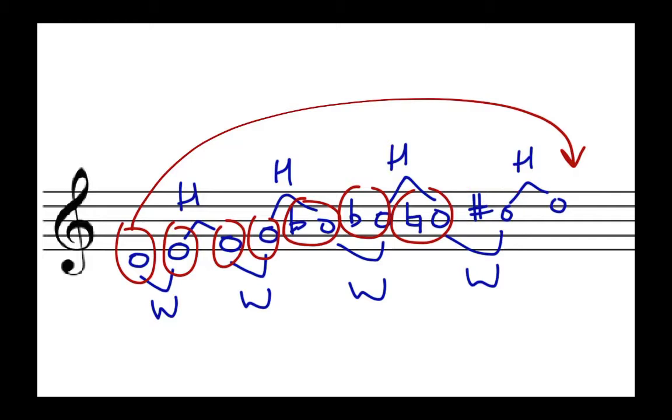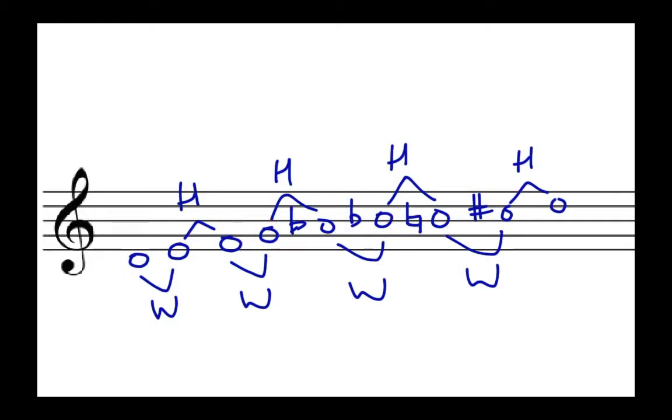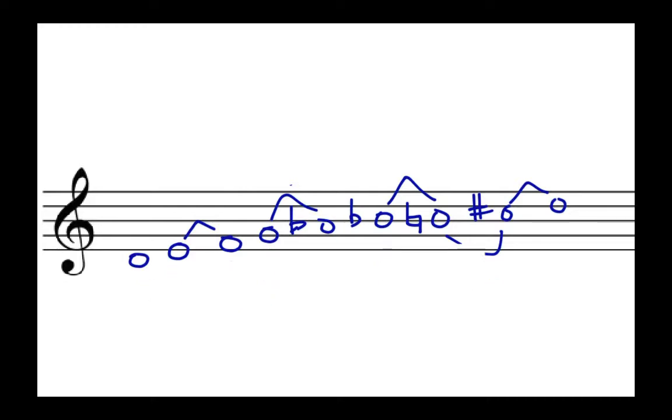Another reason that it's called the diminished scale, let me get rid of these red circles. And I'm also going to erase these half-step, whole-step markings. Another reason it's called the diminished scale is that every other note forms a diminished chord. So in this scale, if you think of chords as every other note in a scale, in a major scale, that's true with triads.